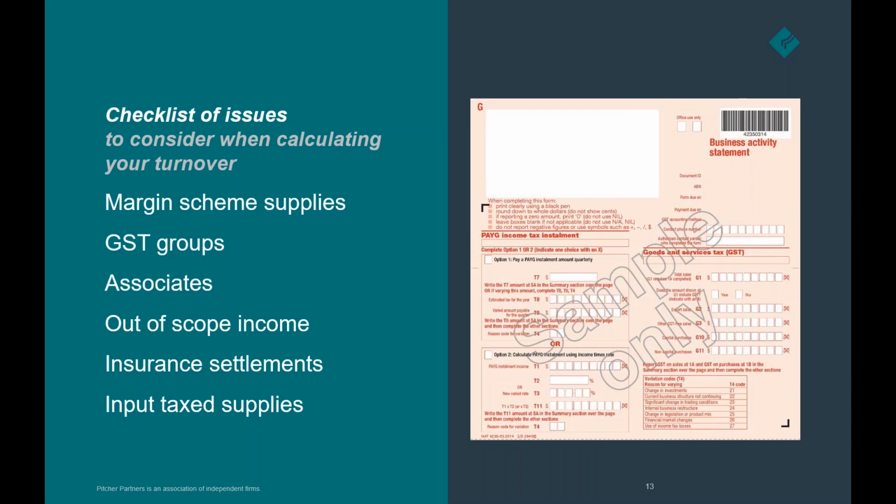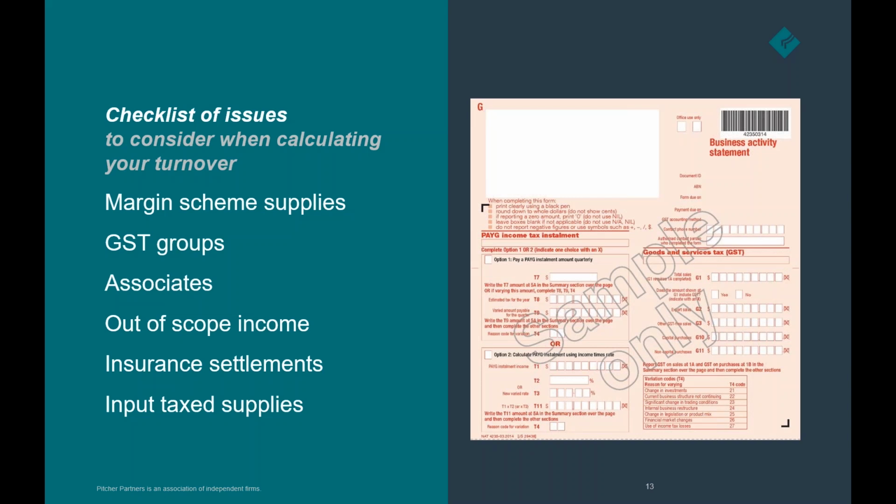Most insurance settlements are not subject to GST and would therefore need to be excluded from the BAS. And as I said up front, any input taxed supplies such as residential rentals, financial supplies, supplies made by retirement villages of residential accommodation and other residential accommodation should all be excluded from the turnover calculation if they are input taxed.